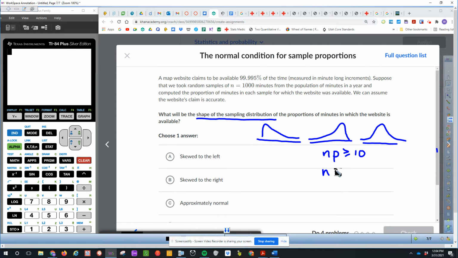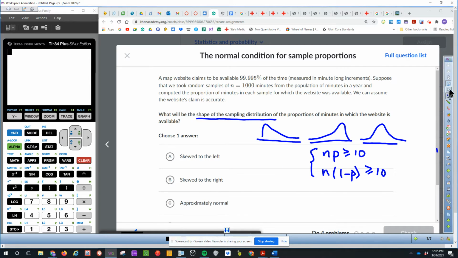And then do n times 1 minus p. Is that greater than or equal to 10? You have to do those two. If the conditions are satisfied, if n times p is greater than or equal to 10 and n times 1 minus p is also greater than or equal to 10, then you can say that the shape of the sampling distribution is approximately normal.